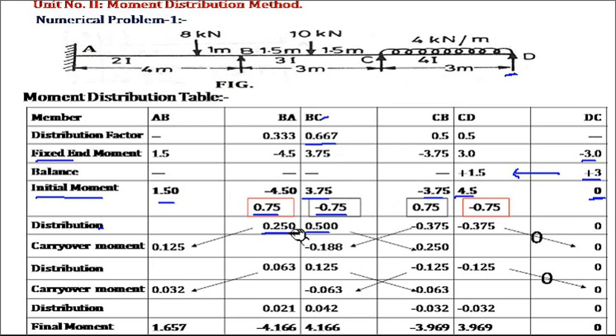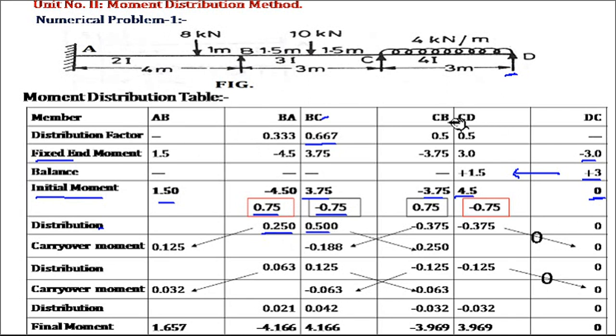If you add 0.25 plus 0.5, it equals 0.75. So this correcting moment is distributed in members BA and BC in the ratio of the distribution factors.